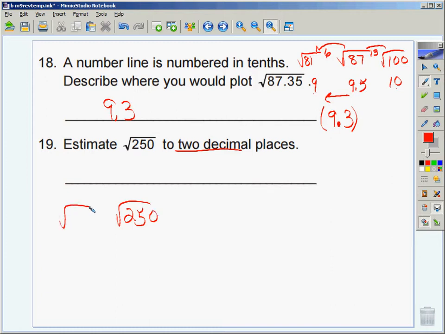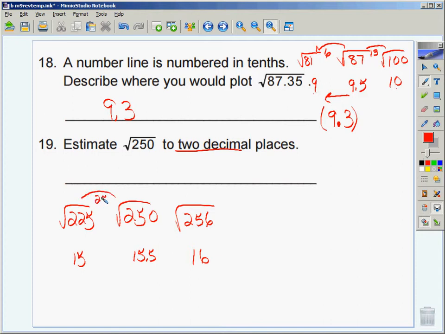The square root of 225, which is 15, and the square root of 256, which is 16. And again, right in the middle would be 15.5.